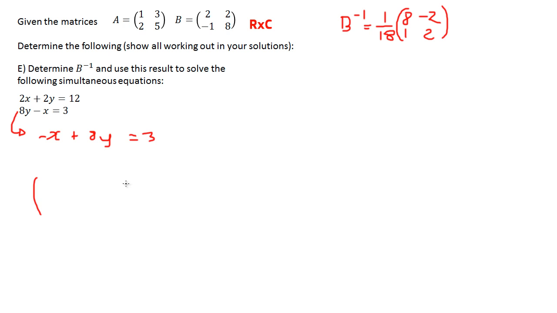Now we can write the matrix 2, 2, minus 1, 8, times x, y, equals 12, 3.